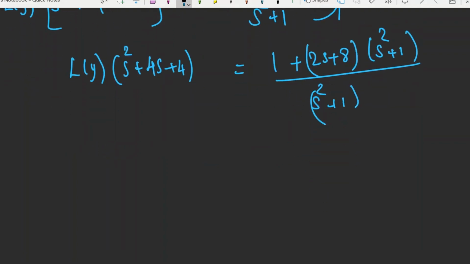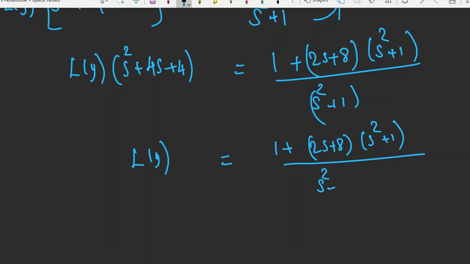Now L of y is 1 plus 2s plus 8 times s square plus 1 divided by s square plus 1, along with this s square plus 4s plus 4.